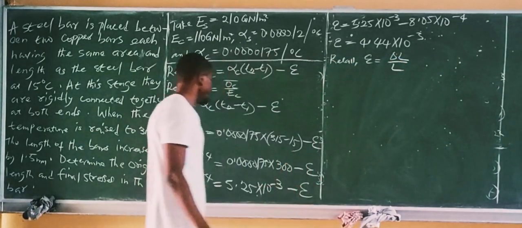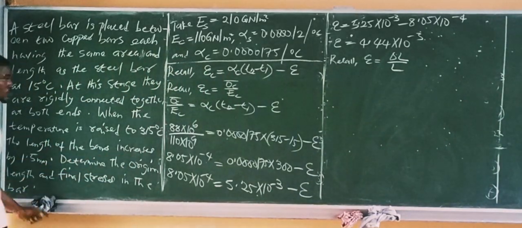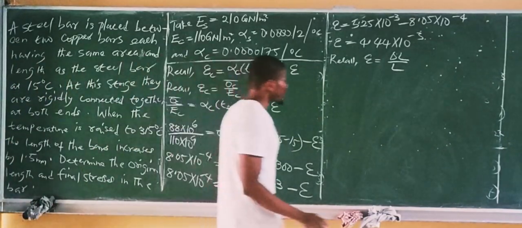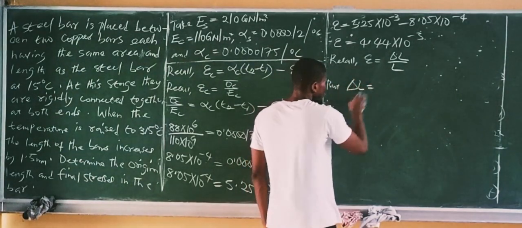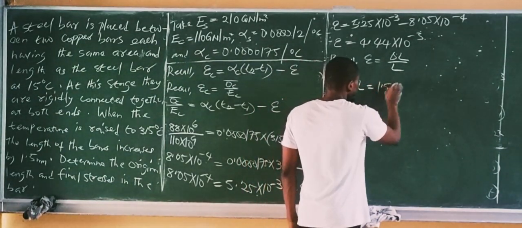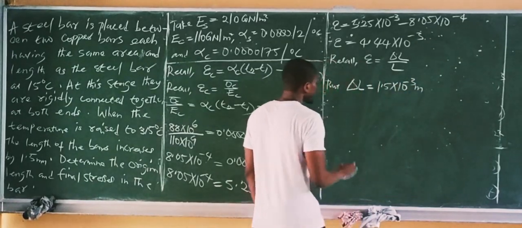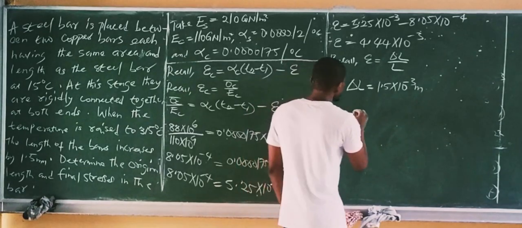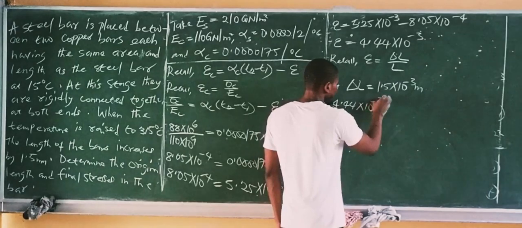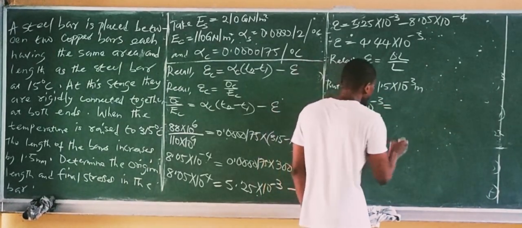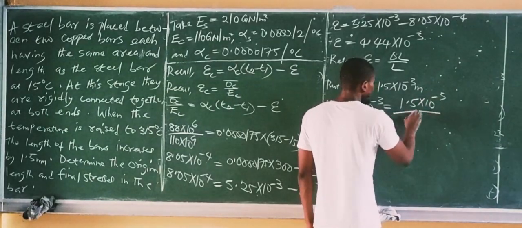The change in length, also called the increase in length, was given as 1.5 millimeters, which is 1.5 by 10 to the power of minus 3 meters. So the strain, 4.44 by 10 to the power of minus 3, equals 1.5 by 10 to the power of minus 3 over the original length.